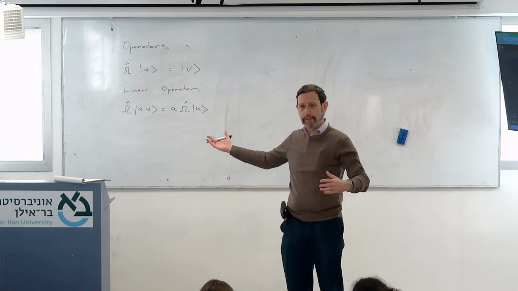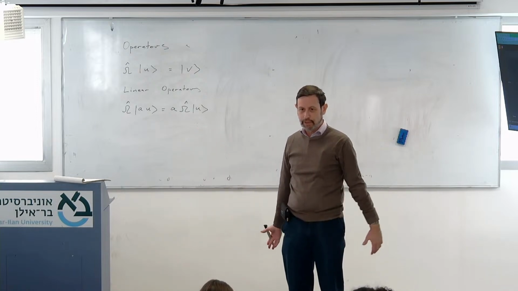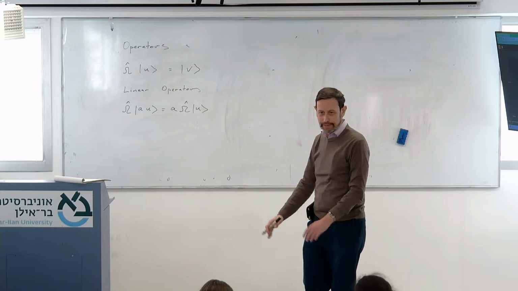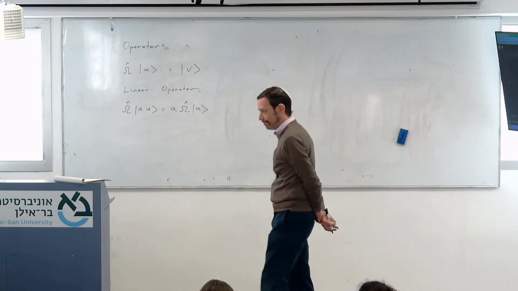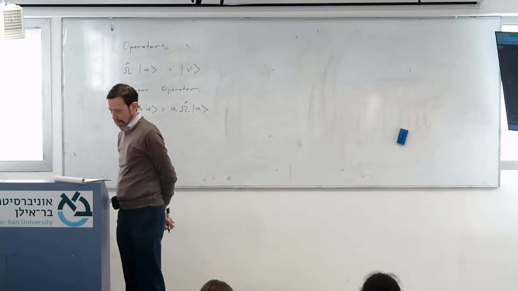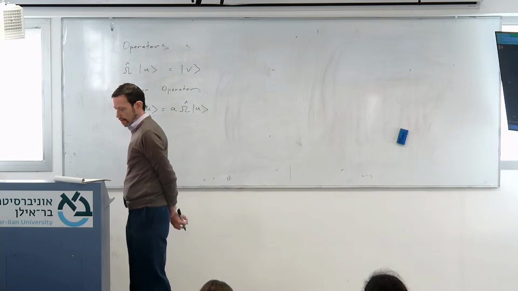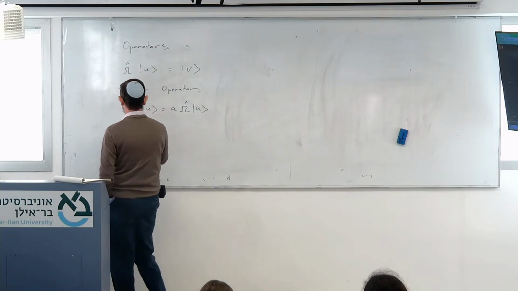If I multiply each component of the vector by 2, the result of the operator is also multiplied by 2.